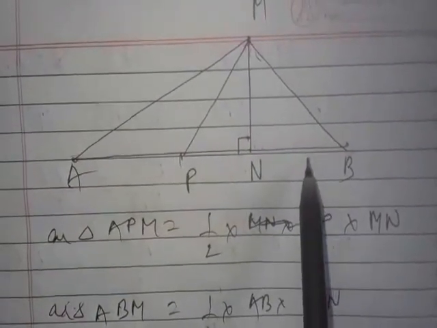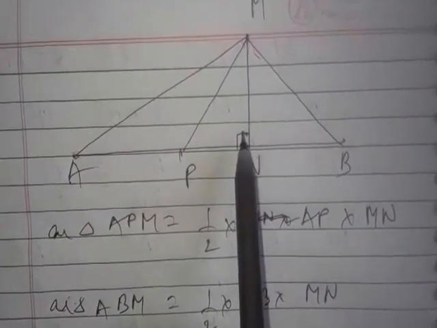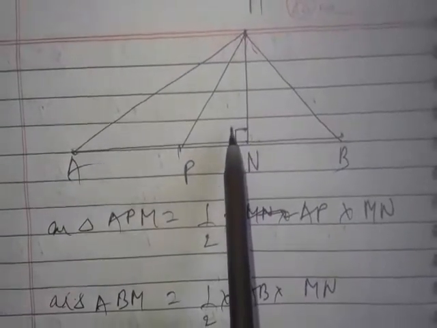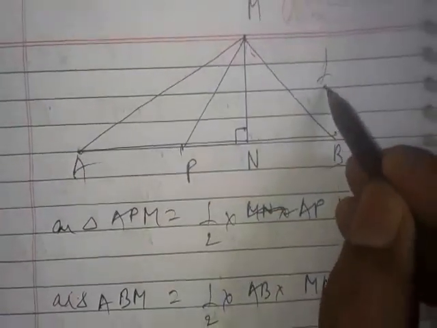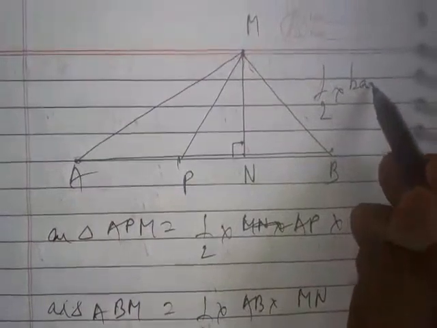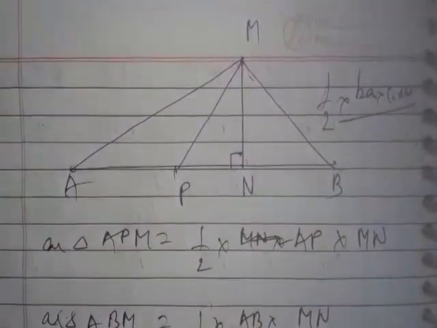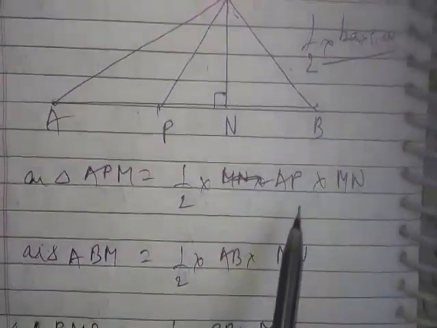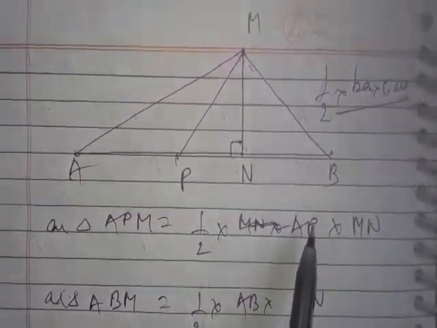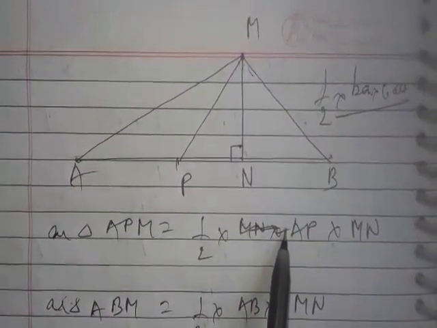Now, as we know, the formula to find the area of a triangle is half into base into corresponding altitude.